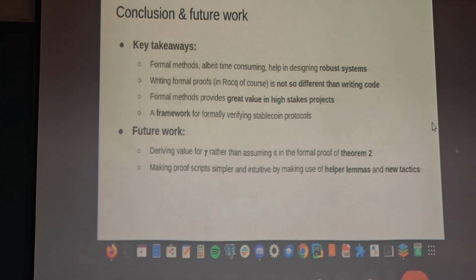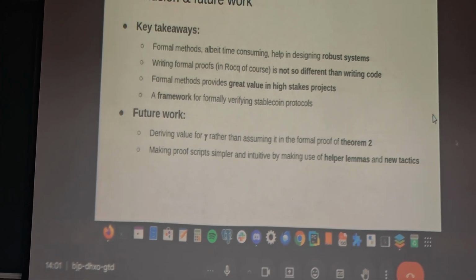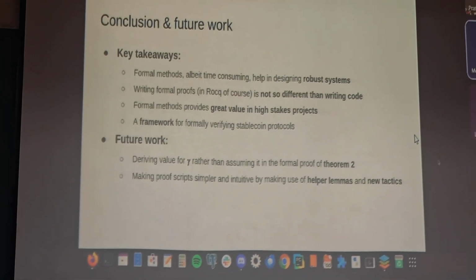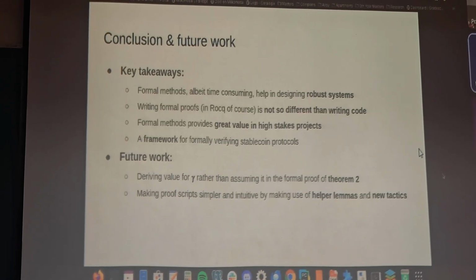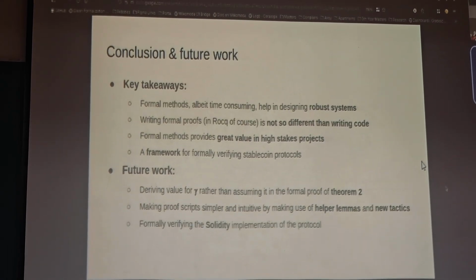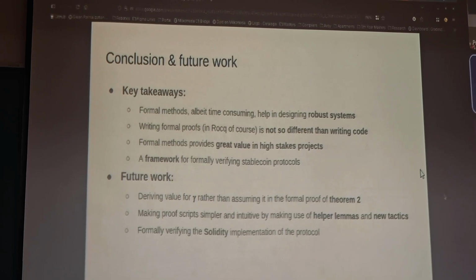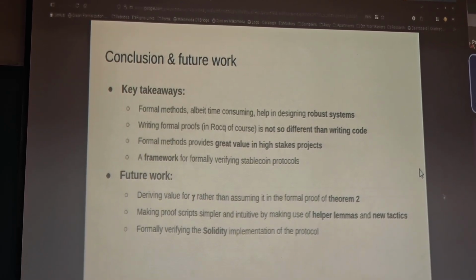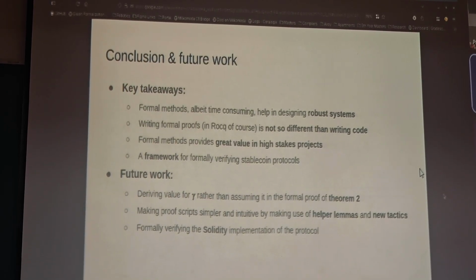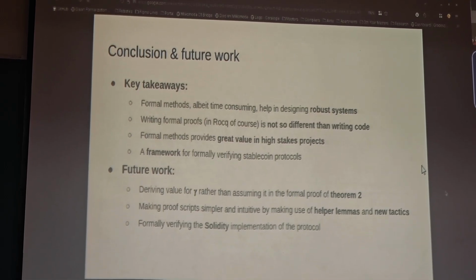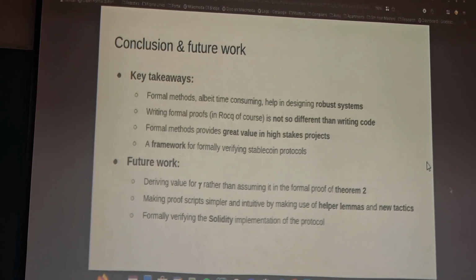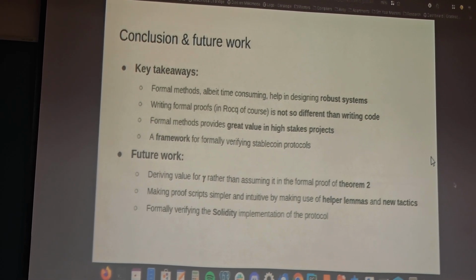Because for one of the theorems, the proofs were very long, so we should focus on making them shorter and simpler to understand. And also, if the protocol is implemented on any blockchain or using any language, it would help if we verify the implementation itself as well. Right now, we just verified the protocol.